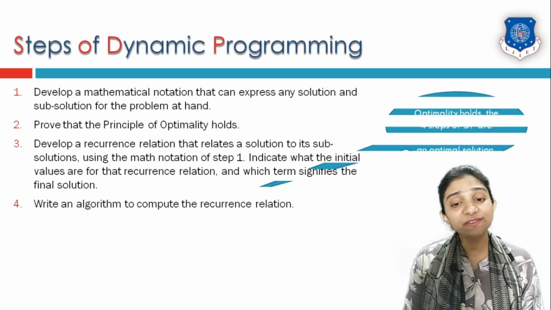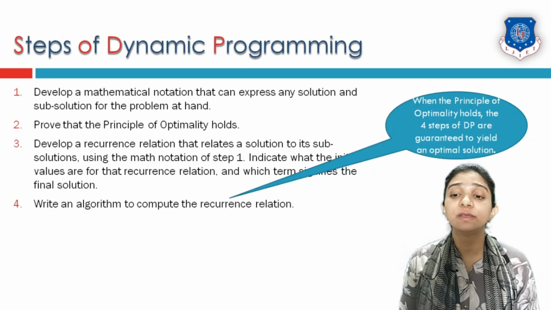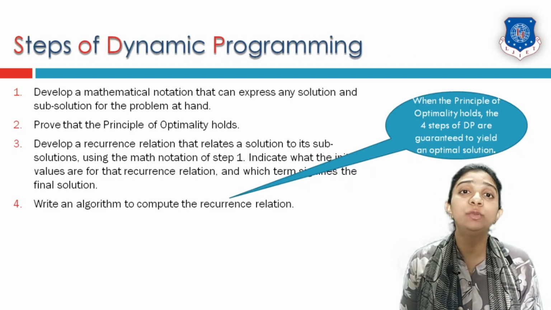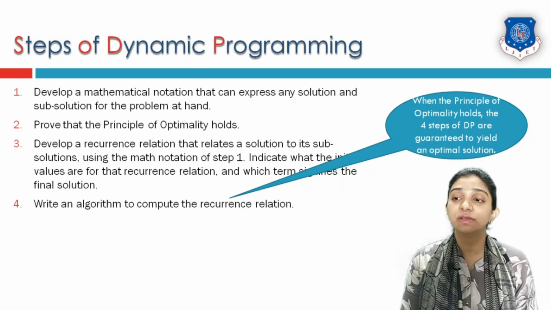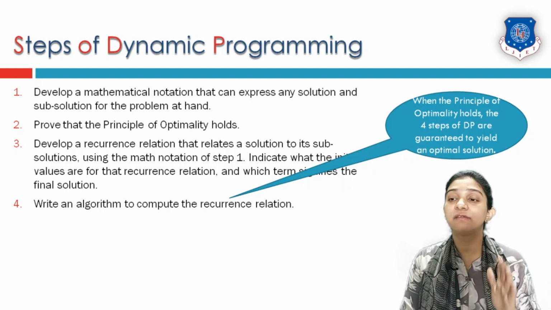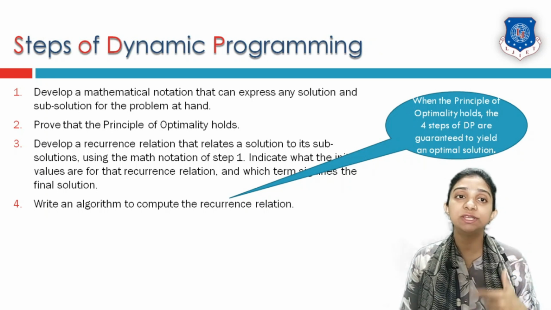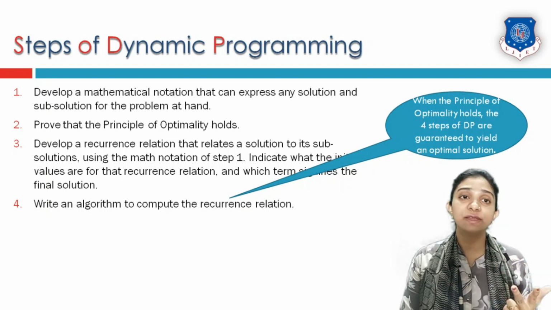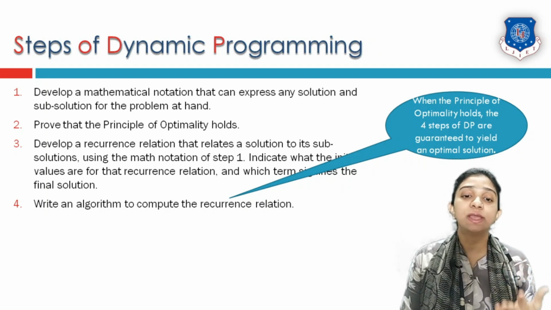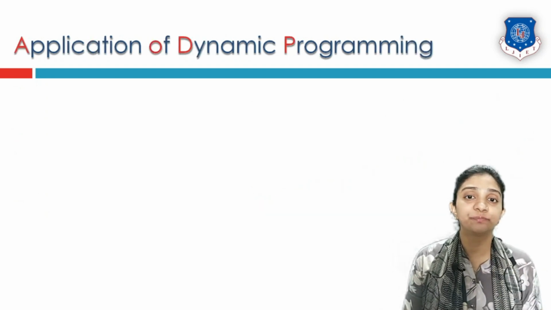The last step is an algorithm to compute the recurrence relation. So when the principle of optimality holds, there are 4 steps of dynamic programming: write a mathematical notation, prove the principle of optimality holds, develop a recurrence relation, and write an algorithm which uses that recurrence relation.